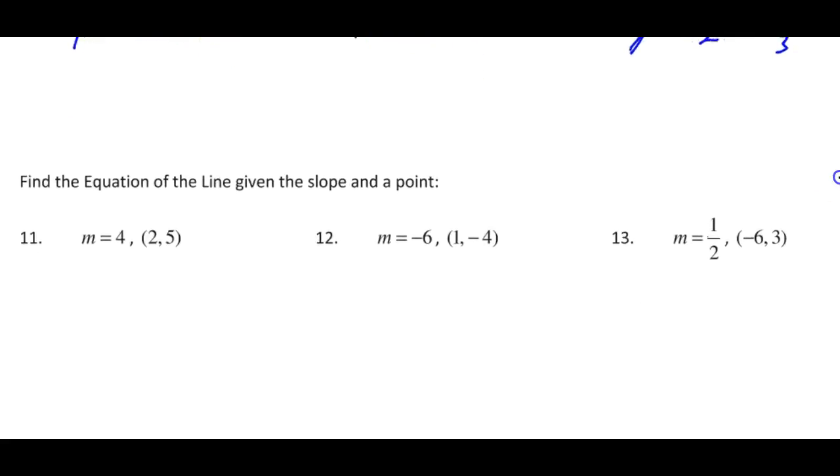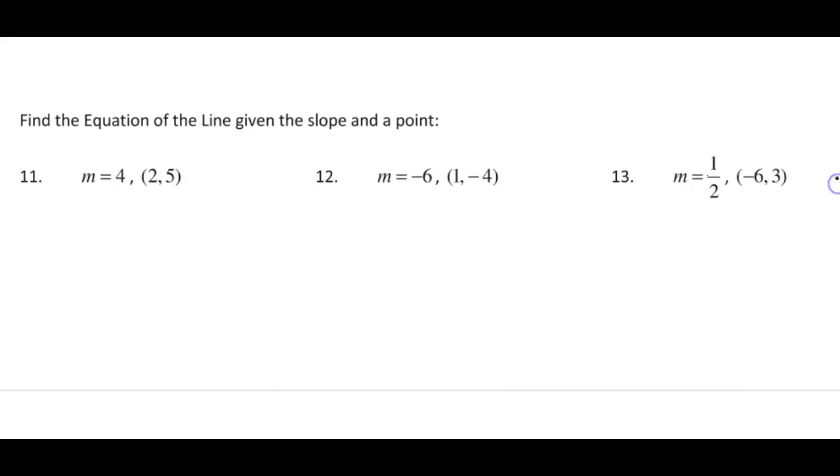So the question is, well, what happens if they don't give you the y-intercept? You have to find it yourself. So slope of 4, okay, and we just need to find the y-intercept. So use y equals mx plus b. So we know m is going to be 4, right?